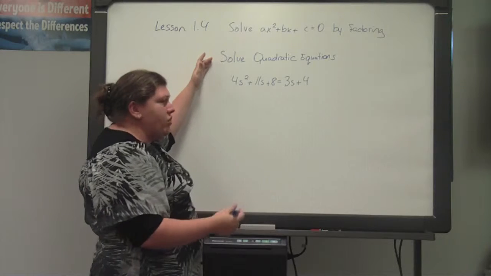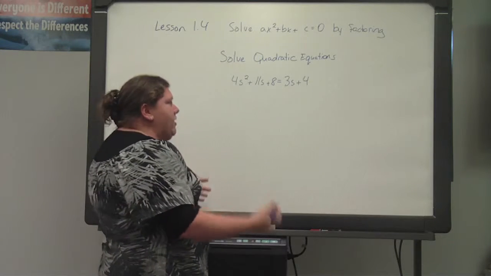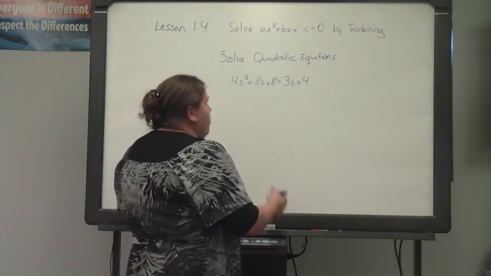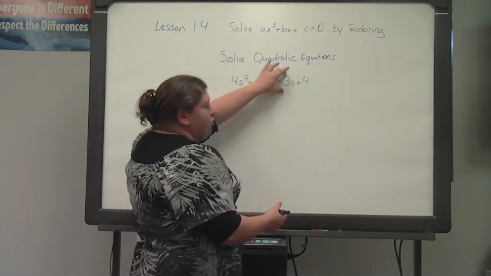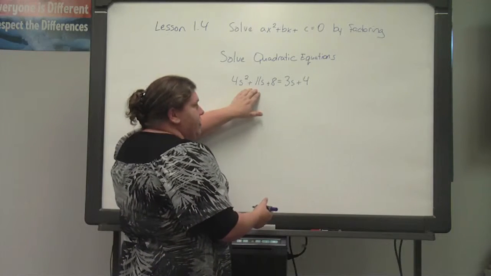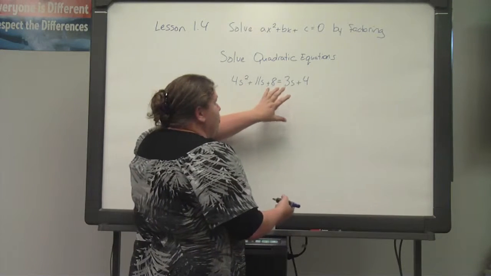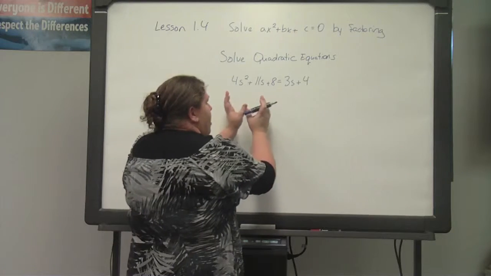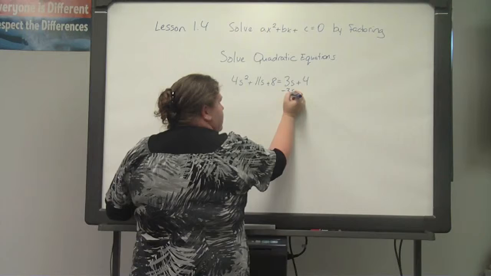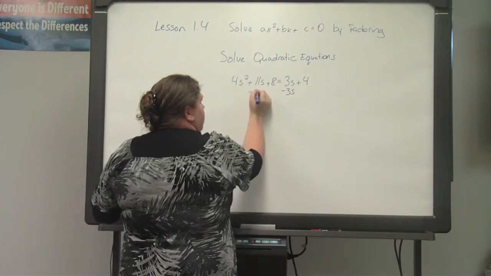So I need to rewrite the equation with everything on one side of the equal sign. In order to do that, this 3s needs to come to the other side of the equal sign. And to make it to where both sides are doing the same thing, we have to subtract 3s and subtract 3s.